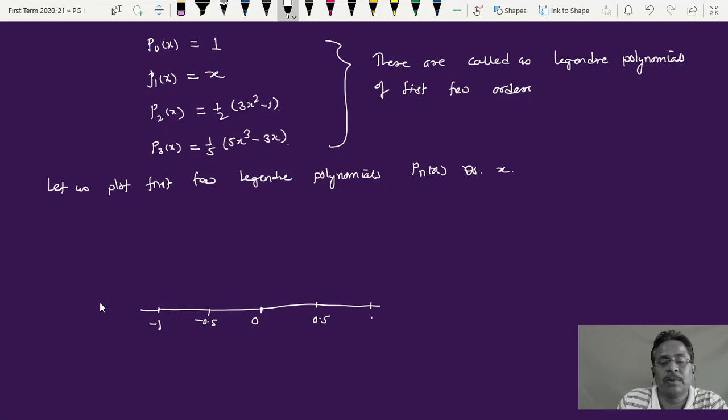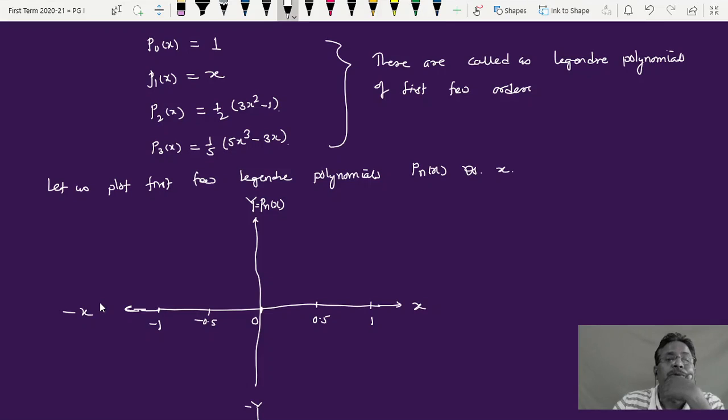This goes from minus infinity to plus infinity. This is my value of x. X varies along this, and here I am drawing a vertical line. This is the Pn of x, or that is y. The y-axis is Pn of x, and this is minus y. So here also this is minus x.